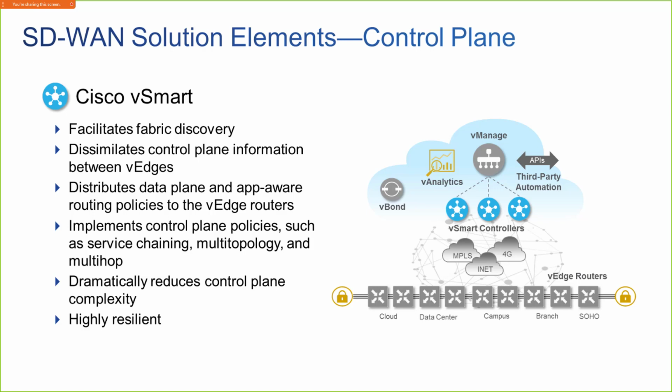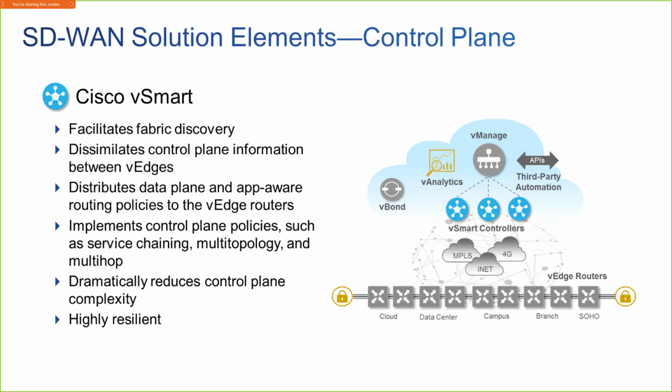All right. Now, vSmart is, as the name kind of implies, really the brains of the system, right? This particular device is part of the control plane. It actually is the control plane component of the whole architecture. vSmart controllers advertise things like routing information.